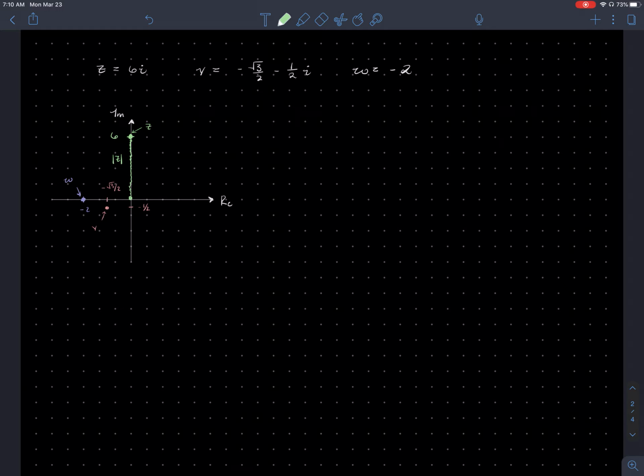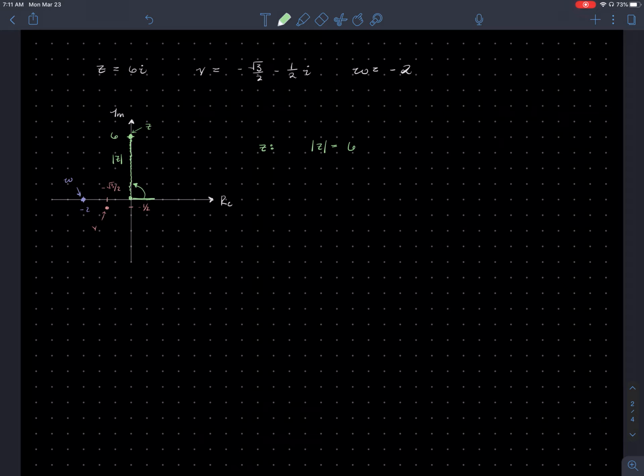And this angle from our real axis over to our imaginary axis, that is going to be our argument plus some 2k pi. So now let's do that. We are analyzing our complex number z right now. We know just by observation that our modulus is equal to 6.